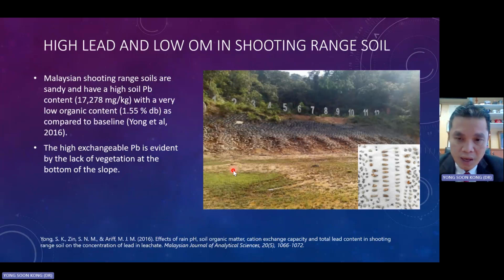But when we look carefully at the bottom of this slope, it is also equally barren. What explains this is possibly the extremely high available lead coming down from the slope. No organic matter is there to hold those exchangeable lead, and at the same time, there's no nutrient, there's no organic matter where the plant can survive, and hence the barren land.